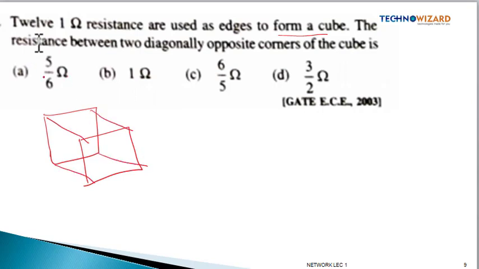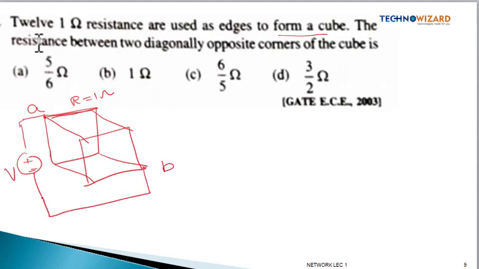They are saying 12 one-ohm resistances are used as edges. It means the value of each edge is 1 ohm, right? So this is one corner A, this is another corner B. I'm applying, for example, a voltage source V between these two diagonally opposite corners.